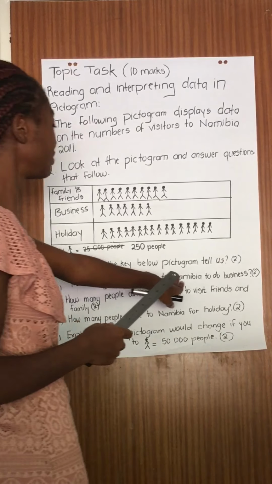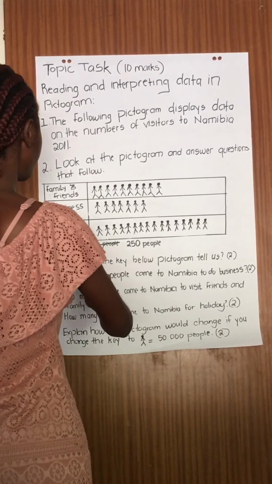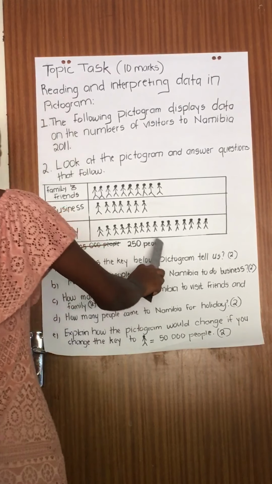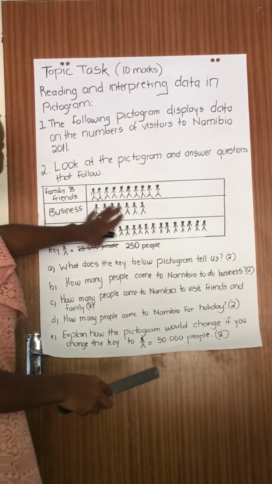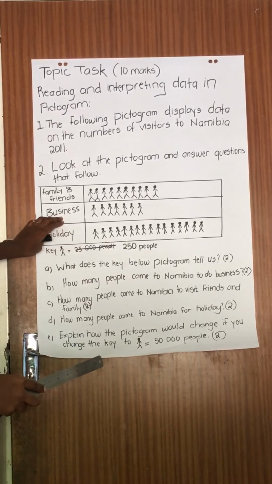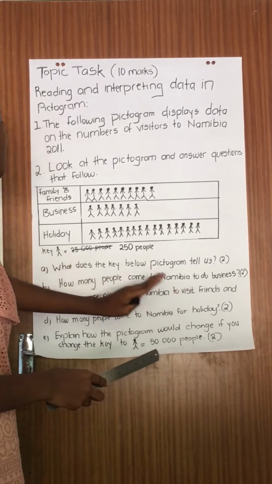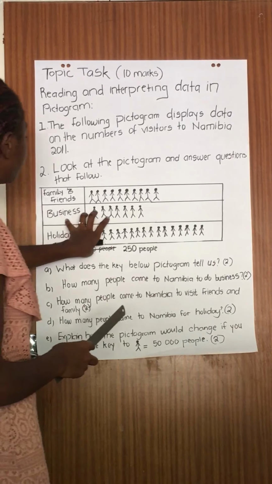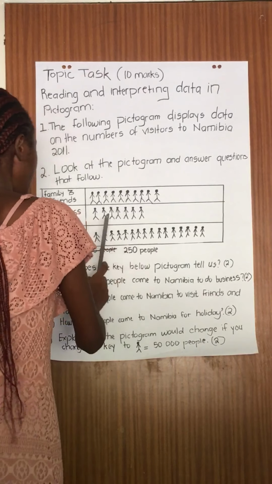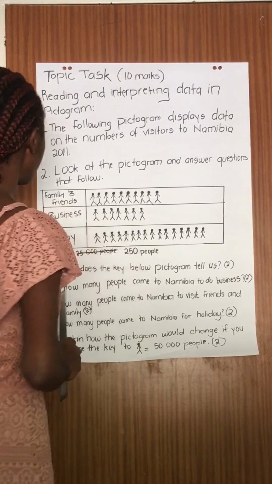Then we move on to number B. How many people came to Namibia to do business? You're going to look at the key here, which means one person represents 250 people. So we go back to our pictogram here at business. It shows how many people came to Namibia to do business. Here at business, we are going to count how many people are here: 1, 2, 3, 4, 5, 6, 7.